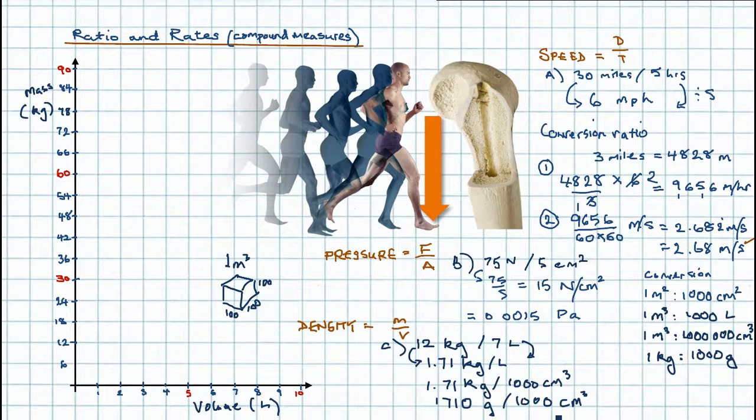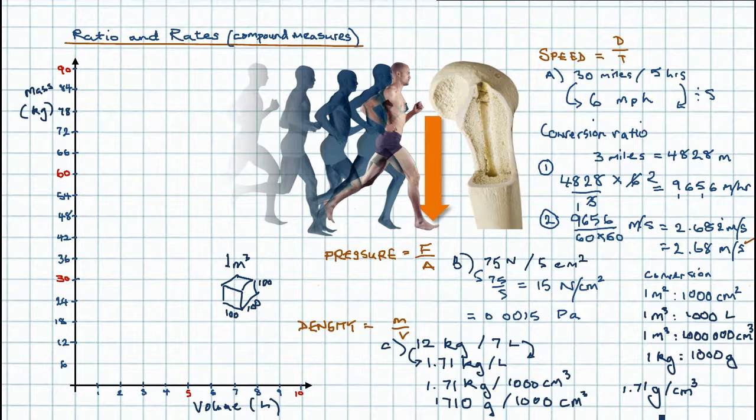And so, if we divide both sides by 1,000, we get our unit rate, which is 1.71 grams per cubic centimeter.